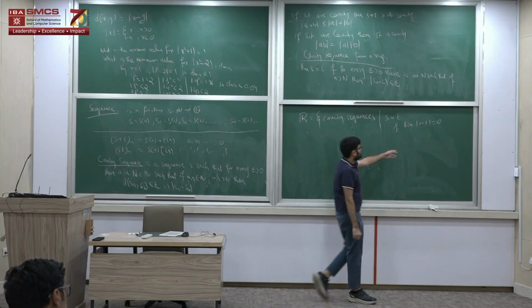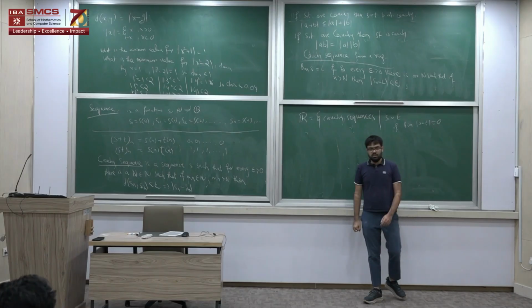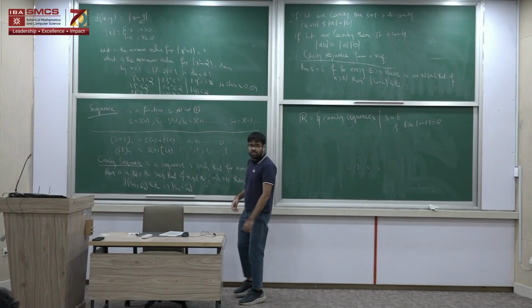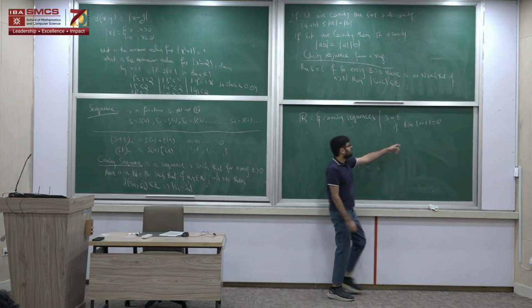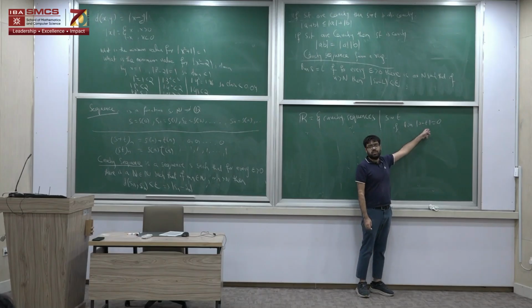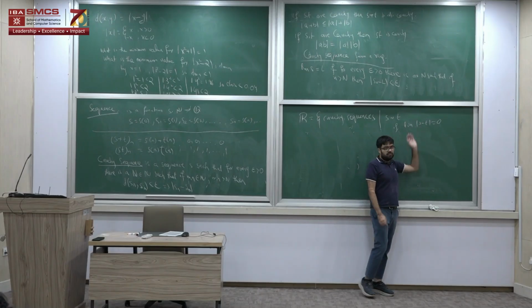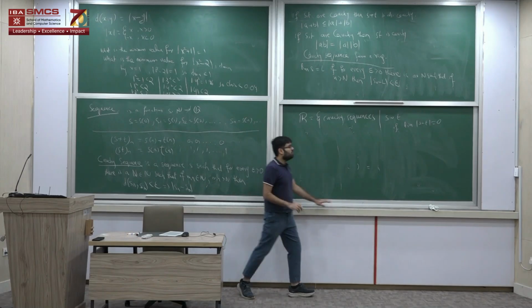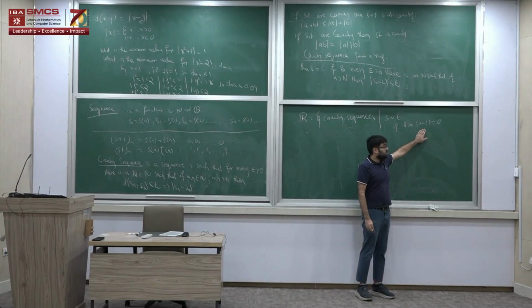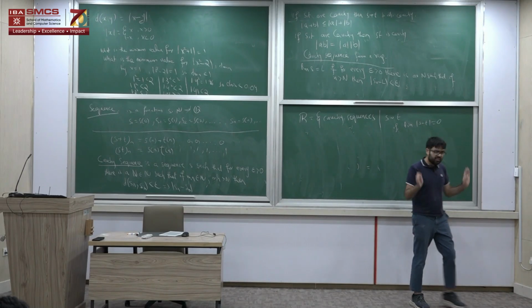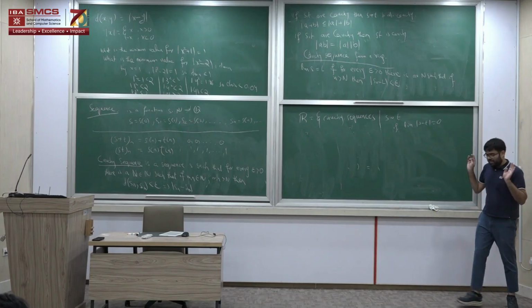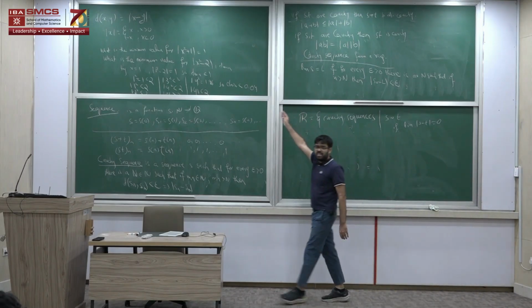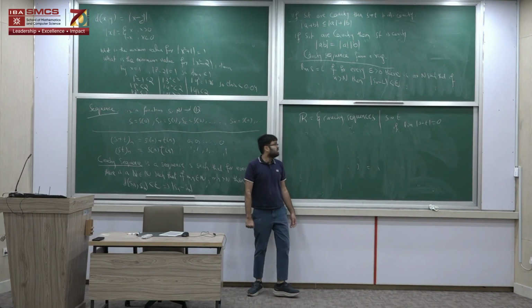I am just saying take two sequences, their difference is another sequence, and although they may not have a limit, their difference might. And if the difference is 0, I will say that they are the same sequence. I do not care, for me they are the same. I have reached the same endpoint in some sense.